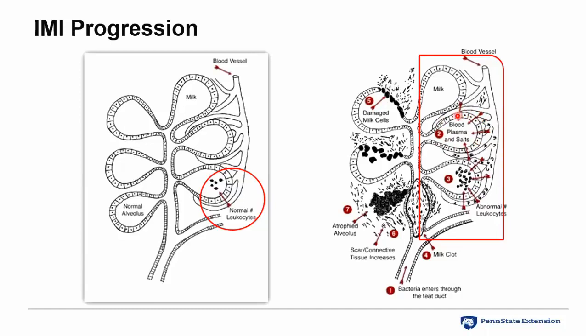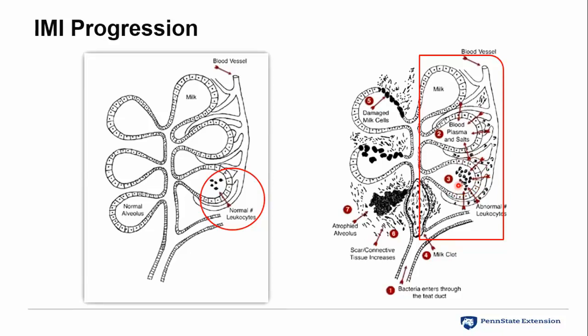So the somatic cells that are naturally in the mammary gland release signaling compounds that change the flow and bring in these nutrients to try and help fight off the infection. Plus they bring in many more somatic cells. So this is why somatic cells increase in the situation of an infection.